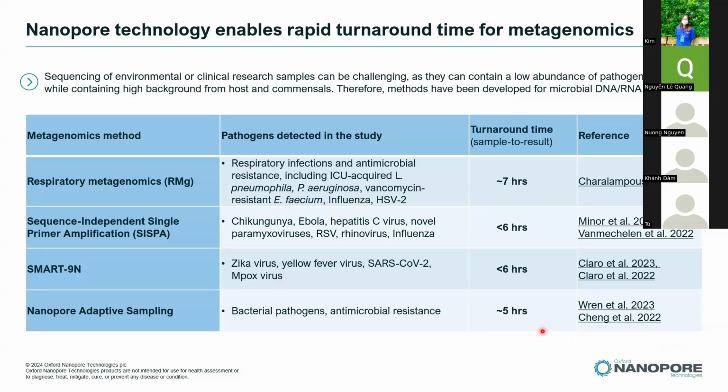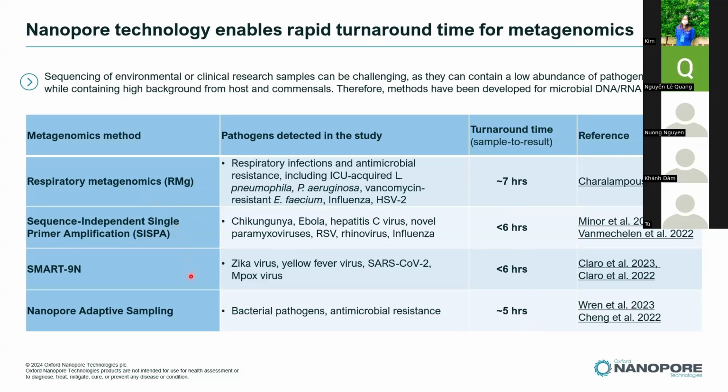And here in this slide, you can see there are various metagenomic methods that have been developed by our customers for different scenarios. However, they all share one common trait, which is a very short turnaround time from sample to answer. For example, for respiratory metagenomics, our customer is able to detect respiratory pathogens and resistance within 7 hours.